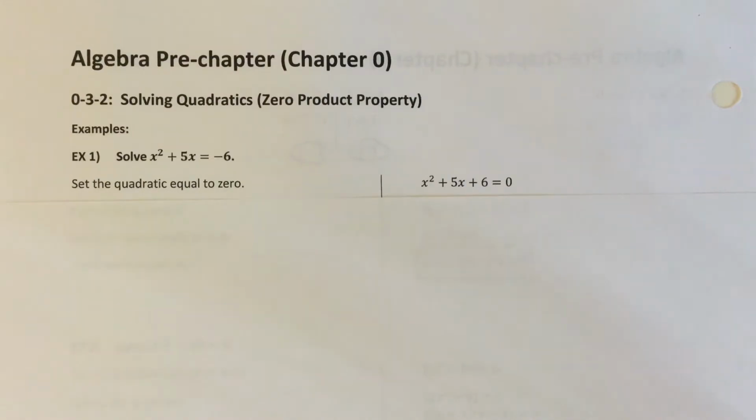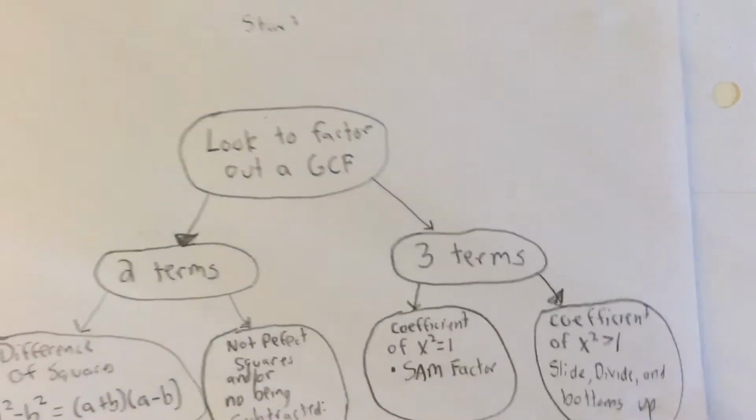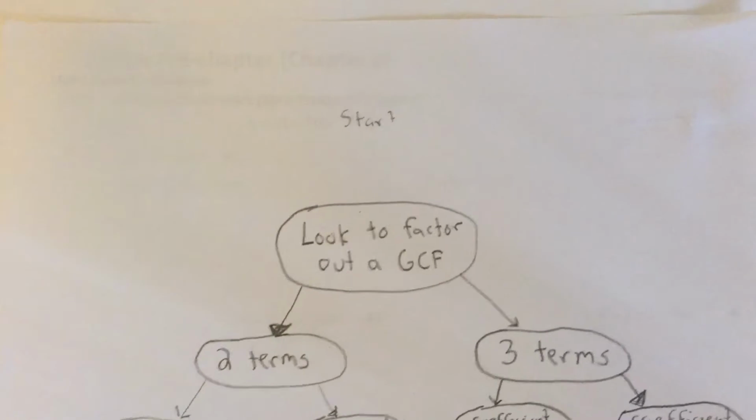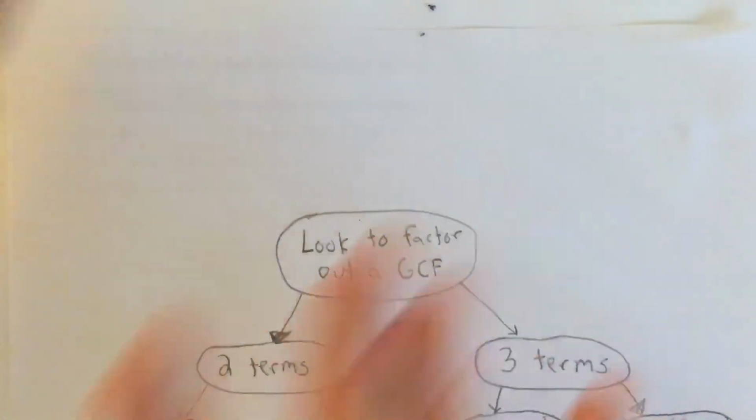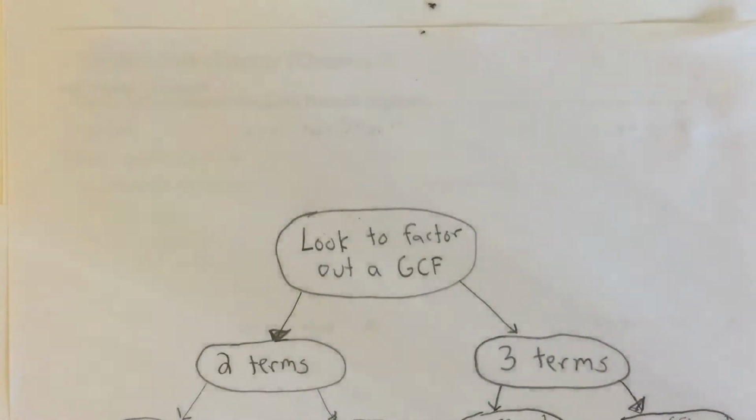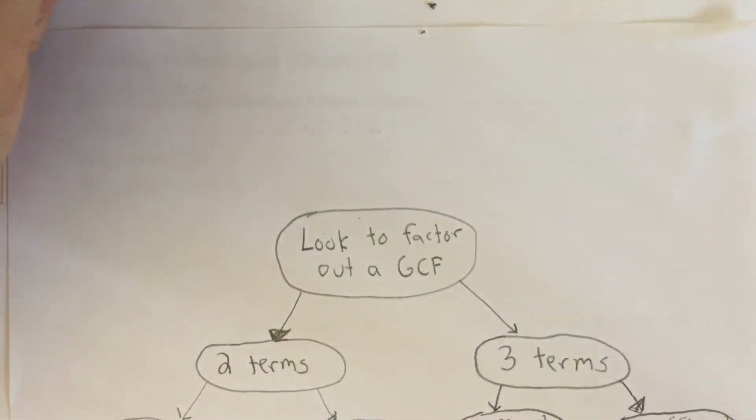Okay, so what I actually want you to do right now is go back to your flow chart. Remember I told you to leave a little space at the top. I hope you did that, because what we're going to do now is look at if we're solving as well.